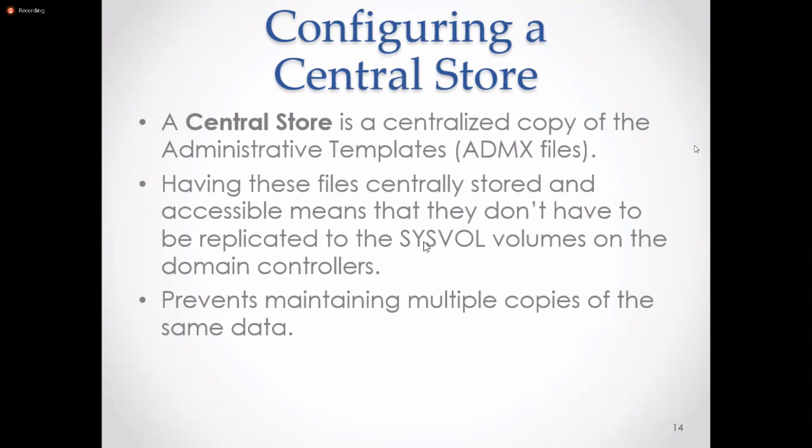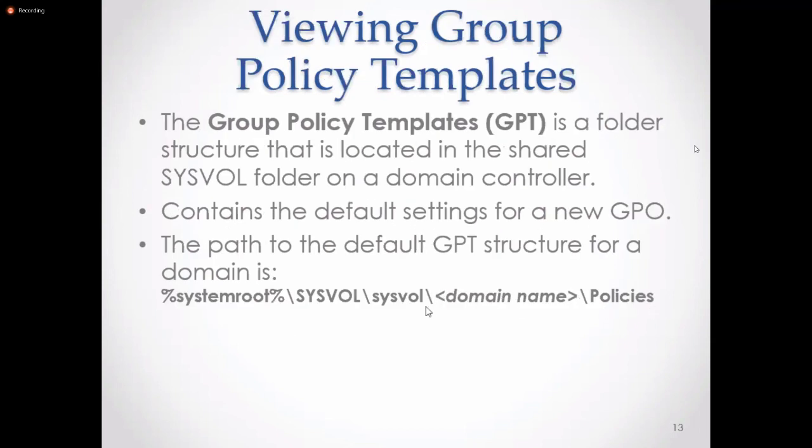That is because the domain policies and everything are stored in this path in every domain controller, right? So any policy change you do in one server will be copied to the other servers in the same domain.